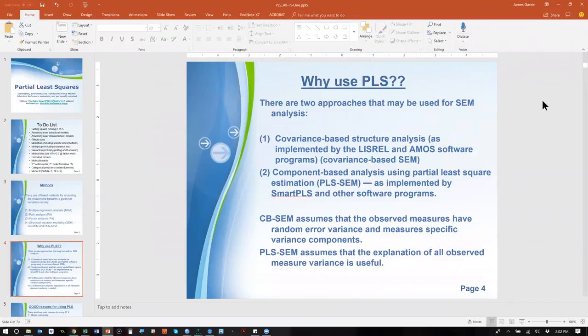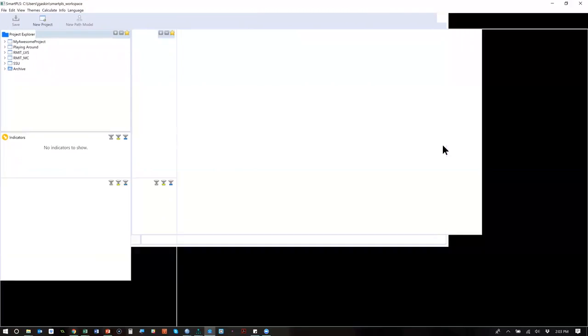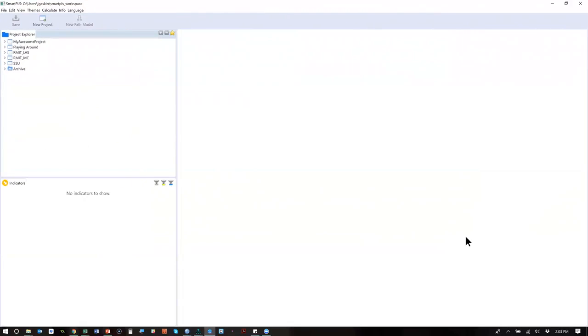There are several out there. Just like for Amos, there's also LISREL, there's EQS, there's Factor. Mplus is another one. I don't know if Mplus does formative models. I'll find out. What about R? R can do some formative modeling, yeah. R and Mplus are all syntax based though, all coding, whereas SmartPLS is drag and drop GUI.